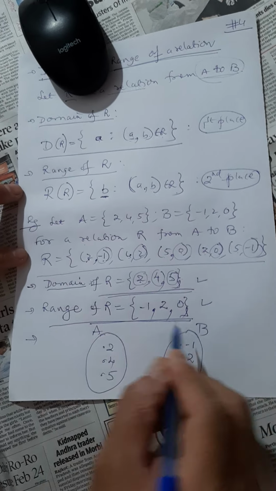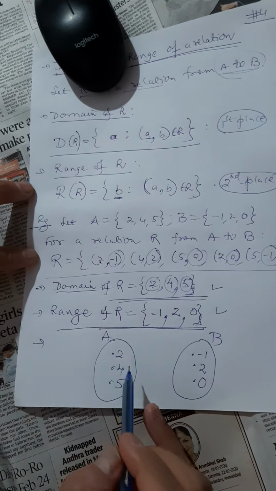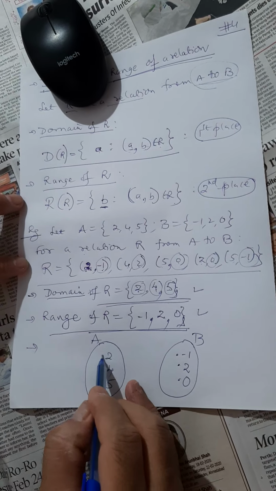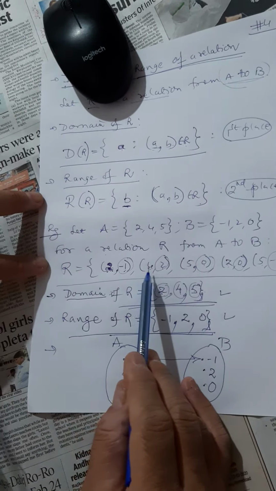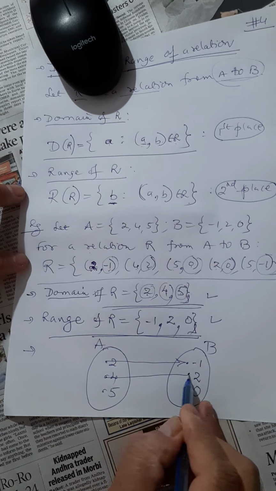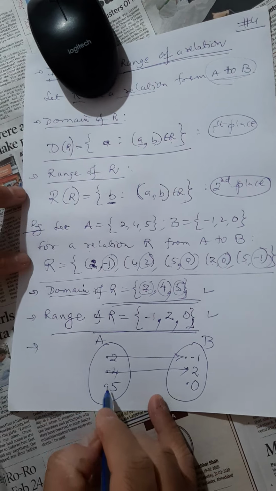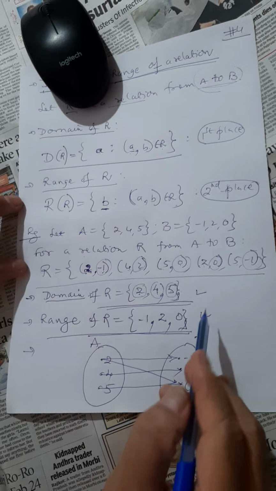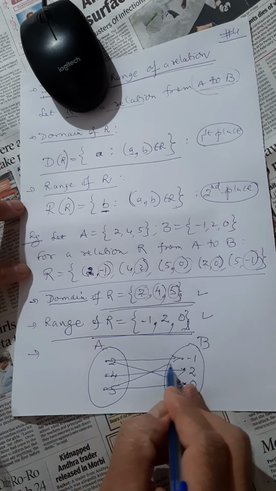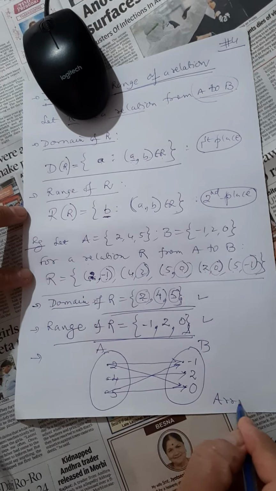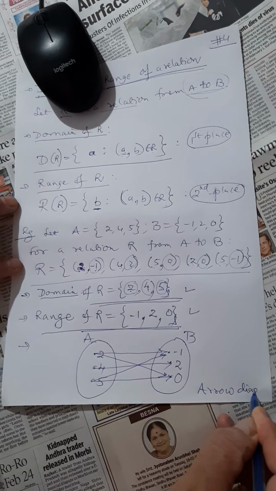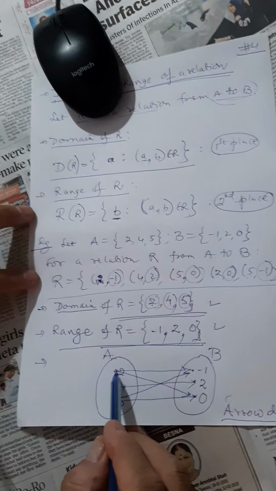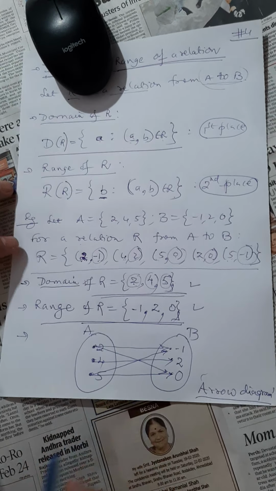Set A, set B. Here 2 is related to -1, so I'll connect 2 with -1. 4 is related to 2, so I'll connect 4 with 2. 5 is related to 0, so I'll connect 5 with 0. 2 is related to 0, so I'll connect 2 with 0. 5 is related to -1, so I'll connect 5 with -1. This is sometimes called the arrow diagram of the relation, just by putting arrows between the connected members.